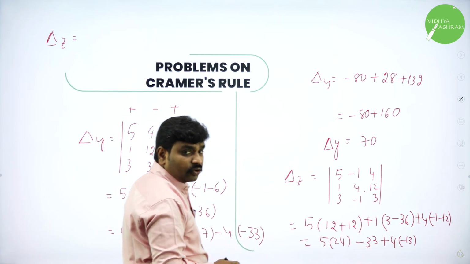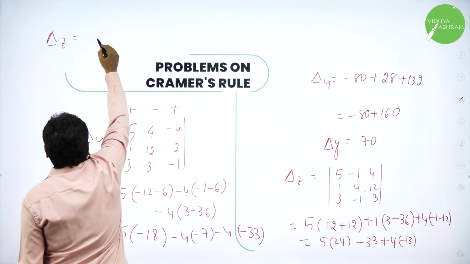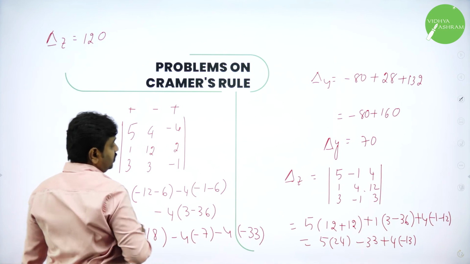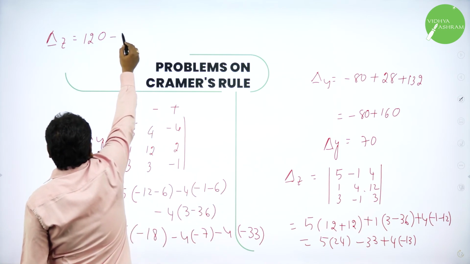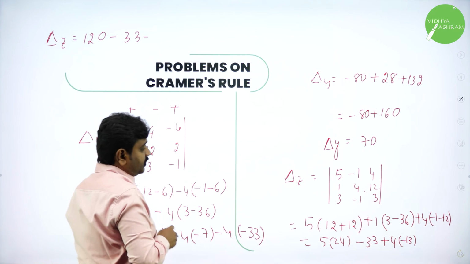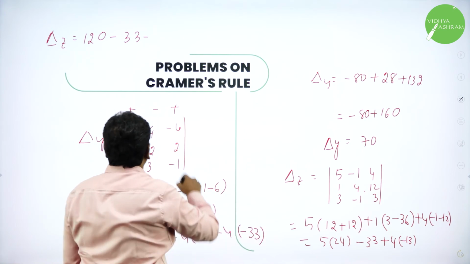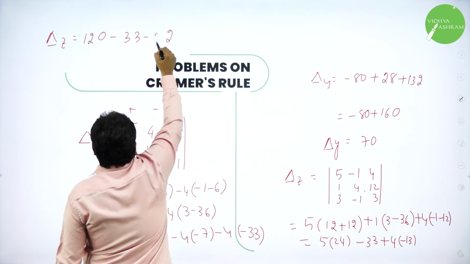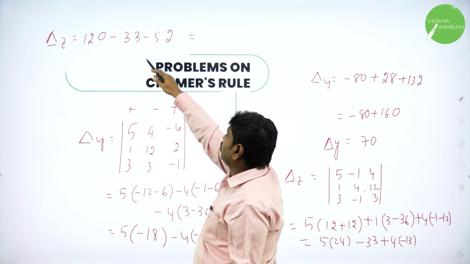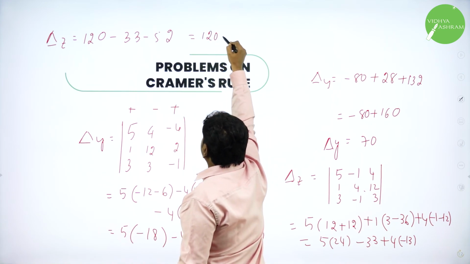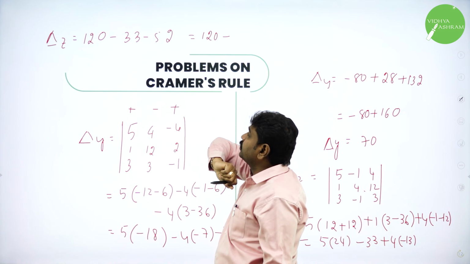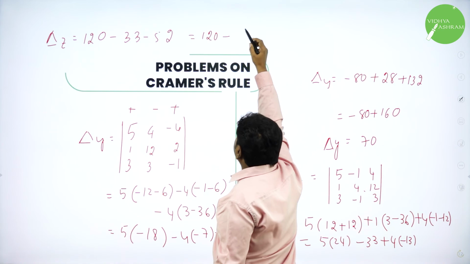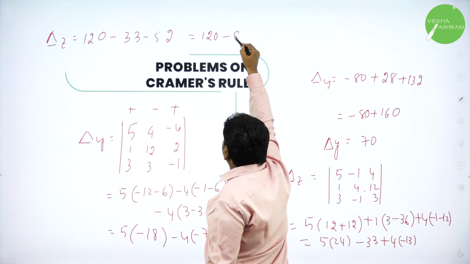Simplify: 24 into 5, 5 4s are 20, 5 2s are 10 plus 2, 120, then minus 33 minus 13 into 4. Simplify this: 120 minus 33 minus 52, that will become minus 85.